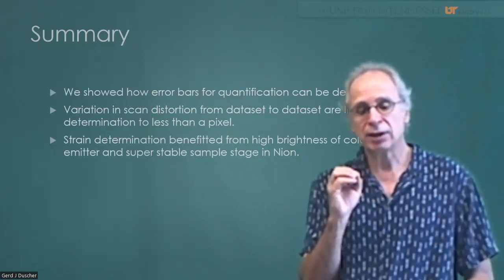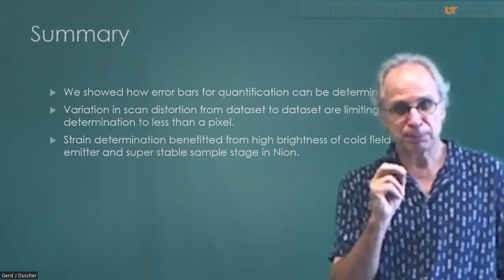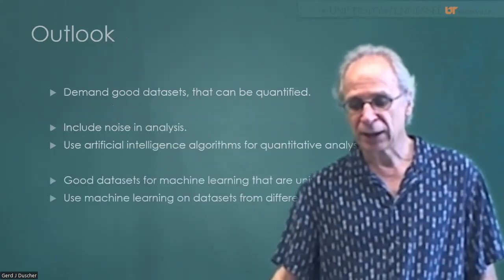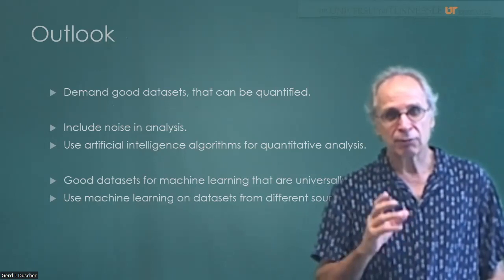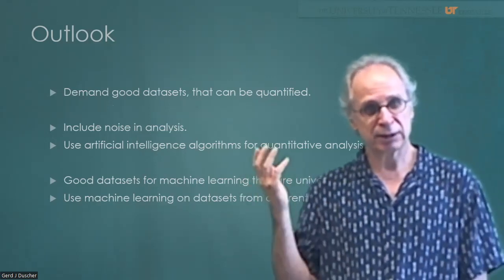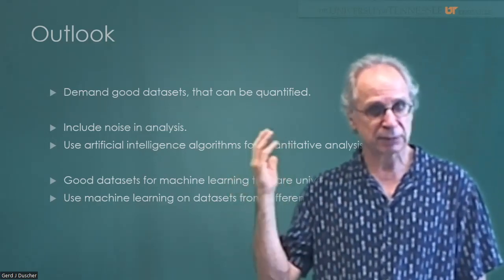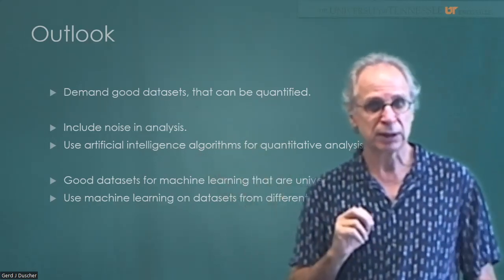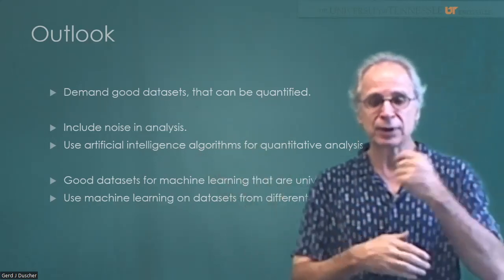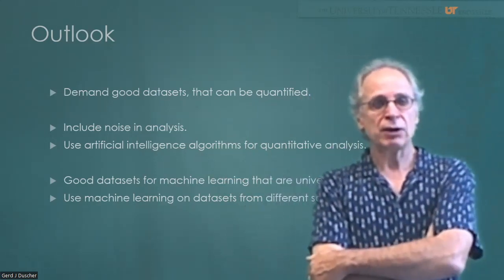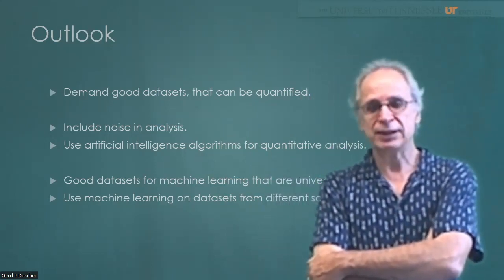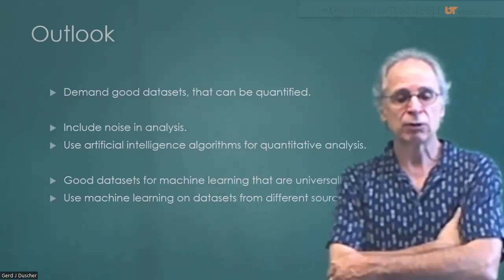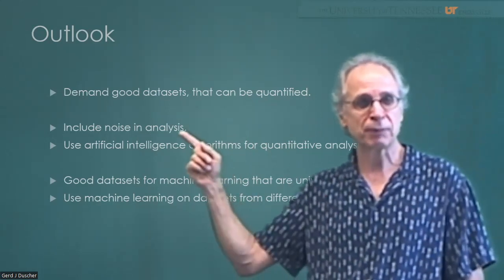With that kind of data sets, of course, you can do a lot of things, and we have data sets that can be quantified. It doesn't matter where you get them from, right? If you know the drift is subpixel, and we will see that we can determine that still very nicely with the non-rigid registration.